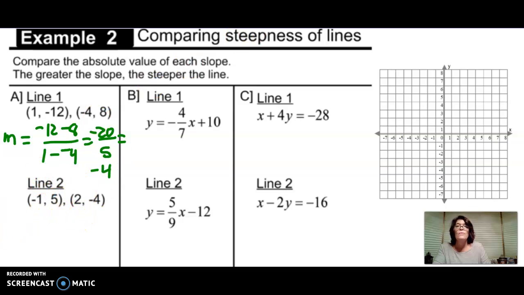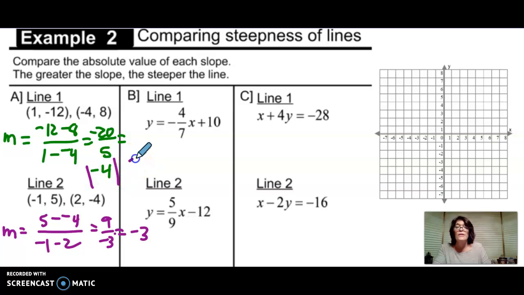Line 2's slope, let's see what that is. I'm going to take 5 minus -4 over -1 minus 2. I get 9 over -3, which is -3. So I'm wondering which is steeper. I look at the absolute value of each.